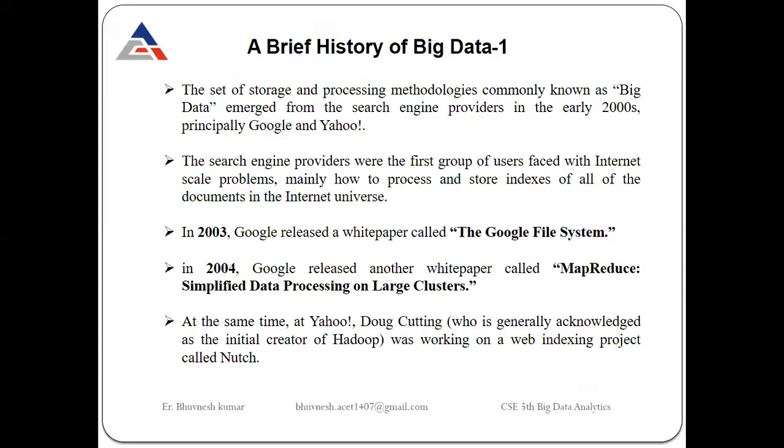Then further, a brief history of big data. The set of storage and processing methodologies is commonly known as big data. Hadoop is used to store your data. The simple definition is that Hadoop is used to store your data, and a huge volume of data is stored at different nodes.